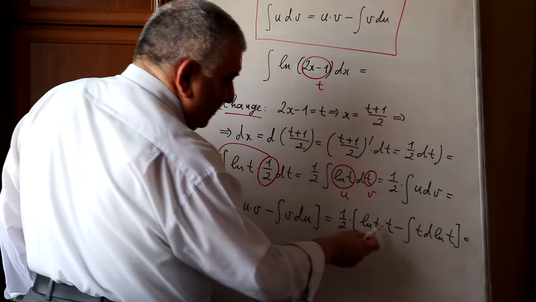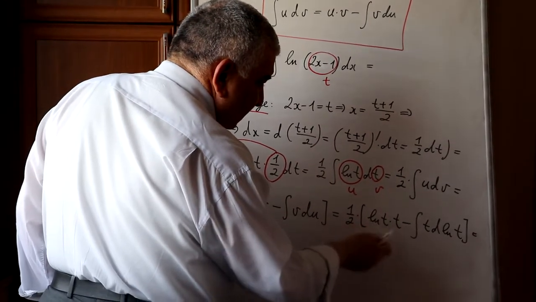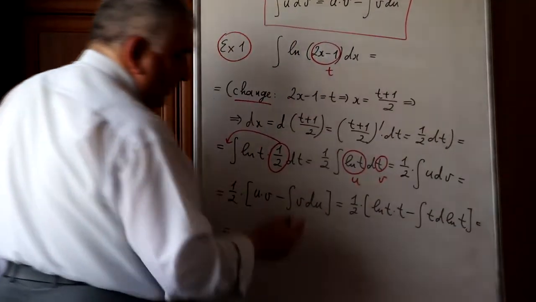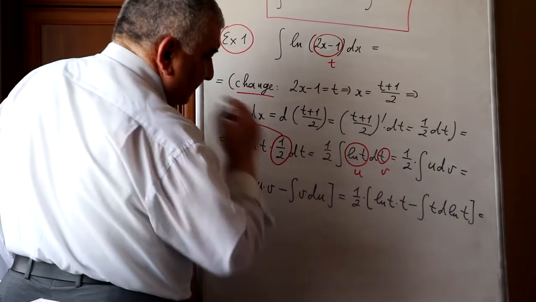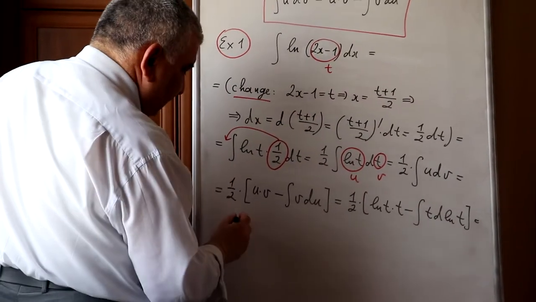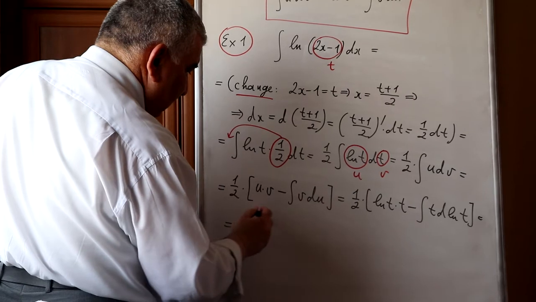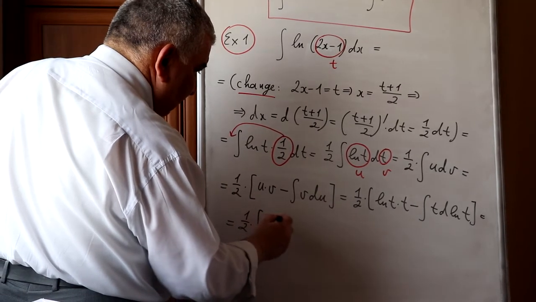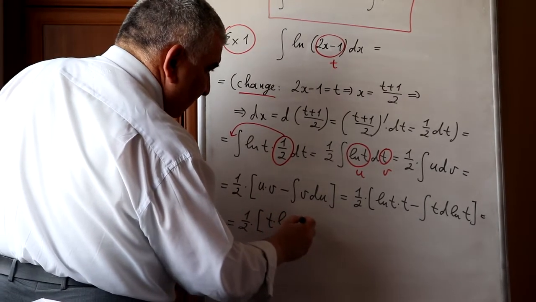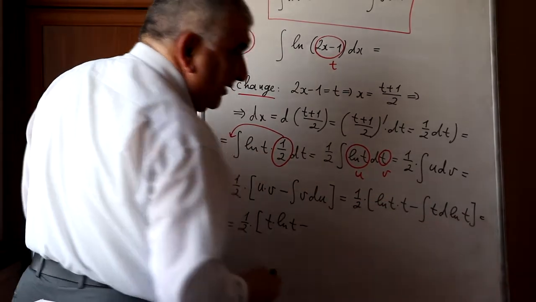Here change the places of factors, cofactors. t multiplied by natural logarithm of t minus integral of d ln t.